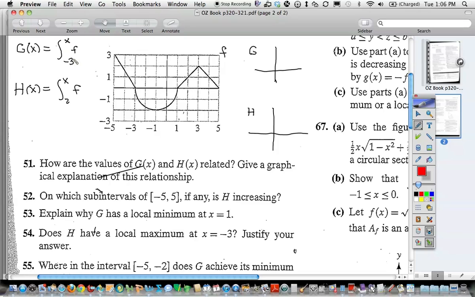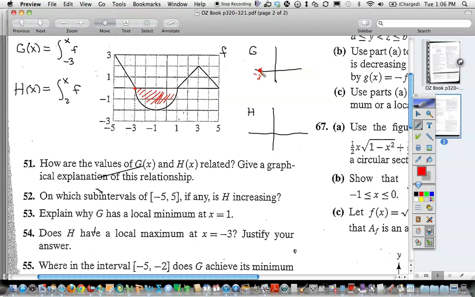Now, what's the initial condition I know with G? At -3 it's 0. So over here at -3, I know I'm going to have an area of 0. Okay? Then, from here, what happens? Well, this area is what? Negative, getting more negative. Then it's negative with littler chunks of negative, right? So my area graph's got to go down.